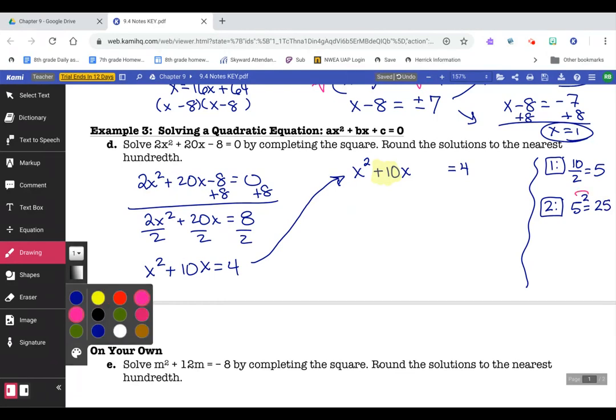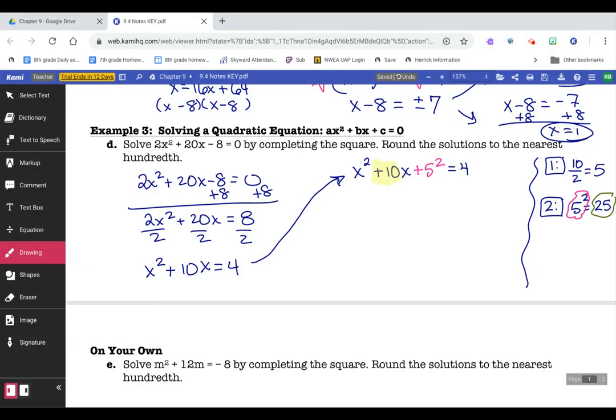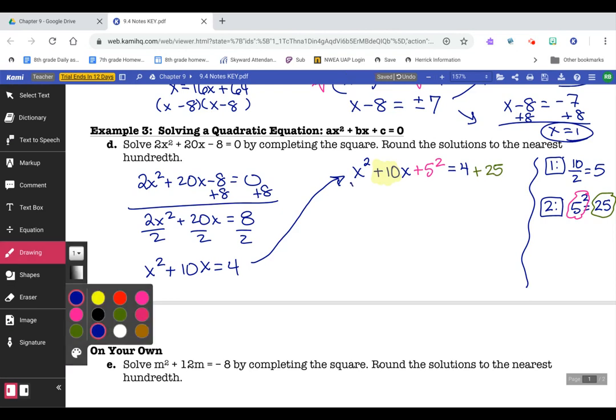So I'm going to add 5 squared on the left side, and on the right side, I'm going to write it differently, but it's still equivalent, but I'm going to add 25. So now, when I go to factor the left side, it's just x plus 5 times x plus 5. And then we can write this as x plus 5 squared. On the right side, we have 4 plus 25, which is 29.